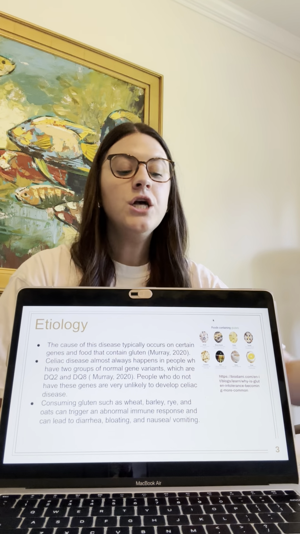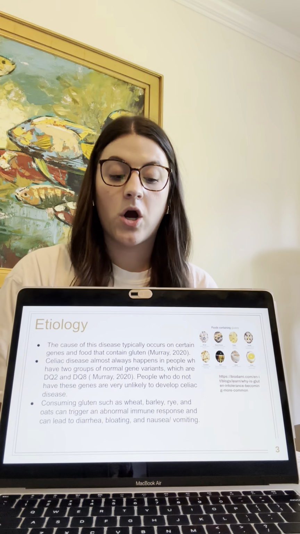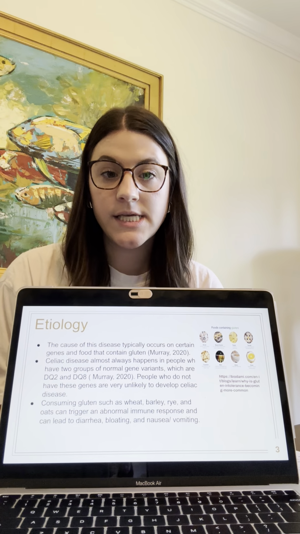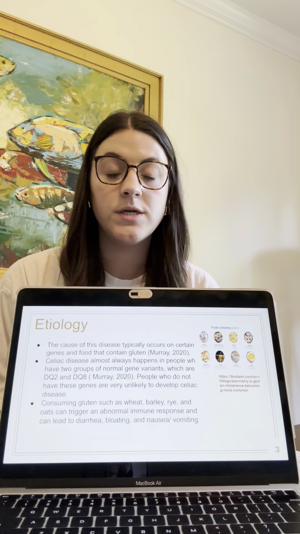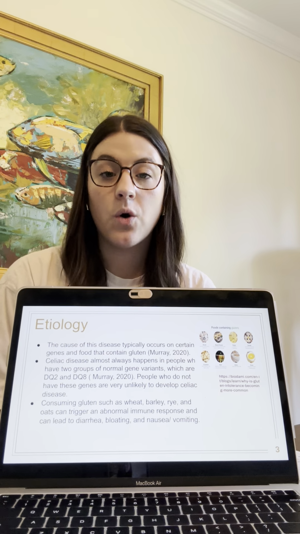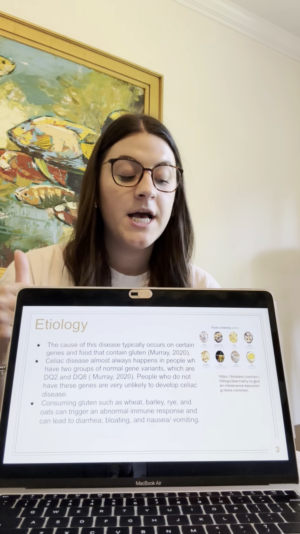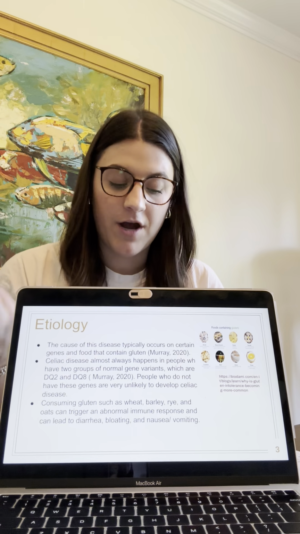Celiac disease typically occurs with certain genes, and these genes are triggered when food that contains gluten is ingested. Celiac disease almost always happens with people who have DQ2 and DQ8 gene variants.